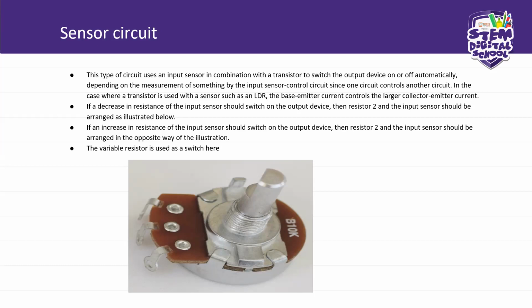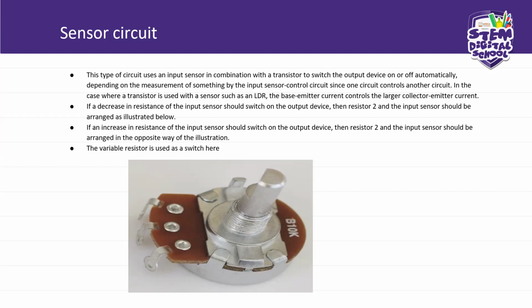Now, depending on the measurement of something by the input sensor control circuit, since one circuit controls another circuit, the sensor circuit or sub-circuit controls the output circuit or sub-circuit. I hope you will look into that deeply as grade 9.